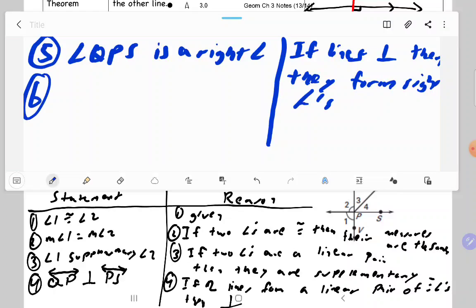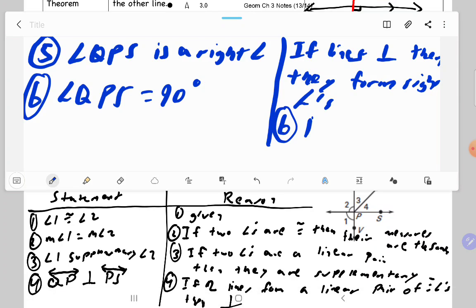Six, angle QPS is equal to 90 degrees. Definition of right angle.